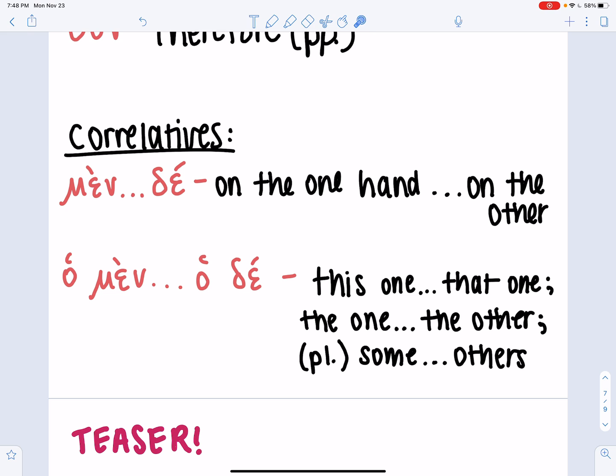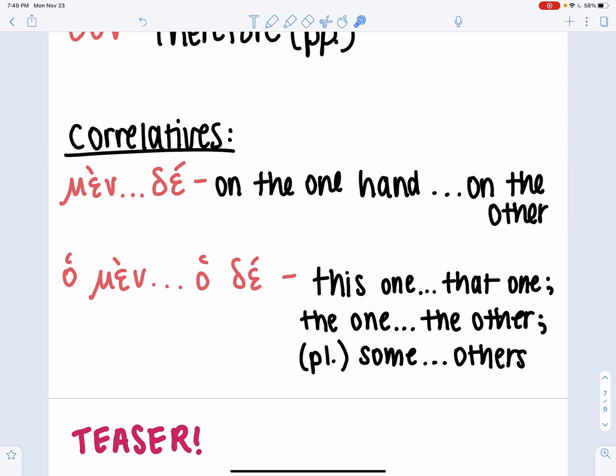And here in Greek, we're using, like I just said, men, de. And if you add the article beforehand, ho men, ho de, you can translate this a number of ways. It could be on the one hand, on the other, but it could also be translated as this one, that one, the other, and in the plural, some, others.